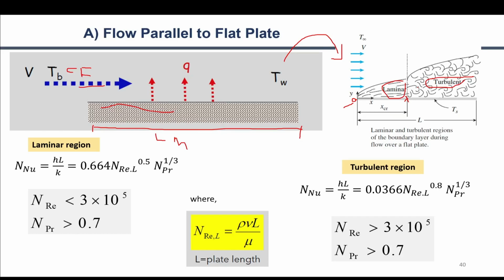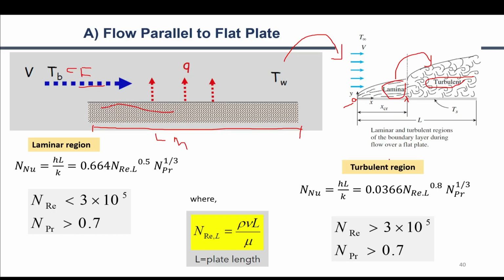The transition from laminar to turbulent depends on the surface geometry, the surface roughness, upstream velocity, surface temperature, and also the type of fluid.